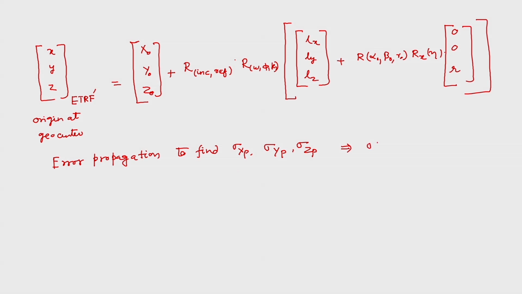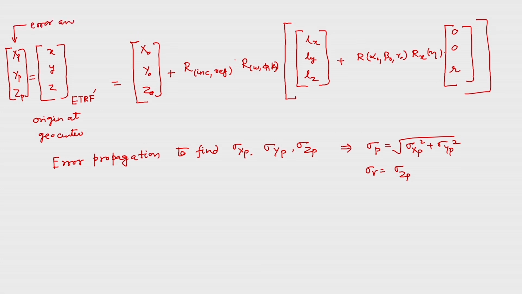So, sigma p will be equal to the square root of sigma xp square plus sigma yp square, and sigma v equal to sigma zp. We are writing this xp, yp, zp like that, and this is derived for the purpose of error analysis only.